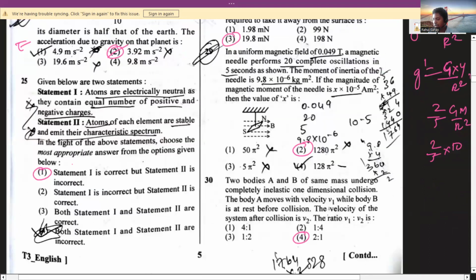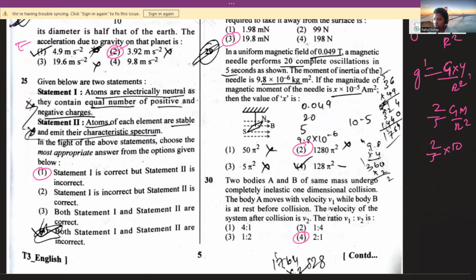Atoms are electrically neutral and they contain equal numbers of positive and negative charges. This is absolutely correct. Atoms of each element are stable and emit their characteristic spectrum. This is correct. But whether all the atoms are stable? In the old NCERT, they've given all atoms are stable.